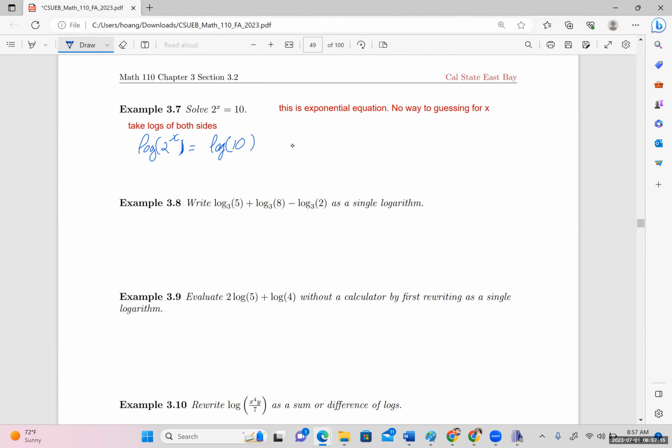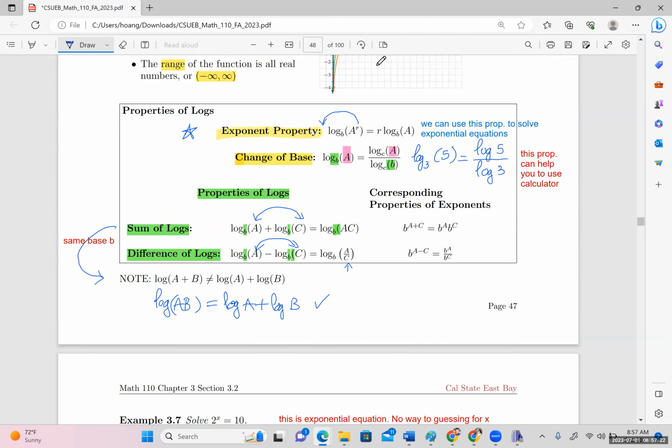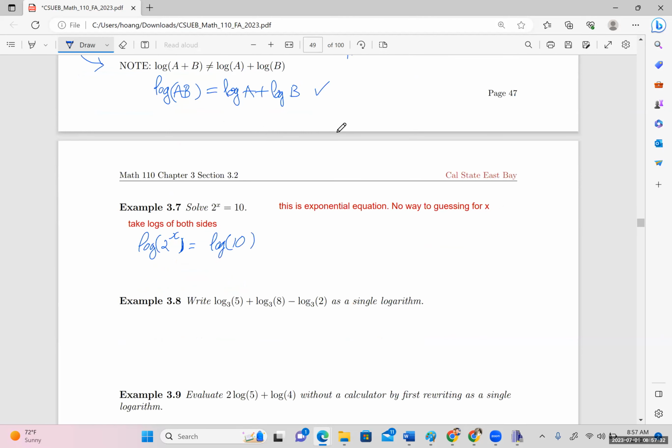So we're going to apply the first property, or we call it the exponent property, here. We can move the power down to the front of the log.